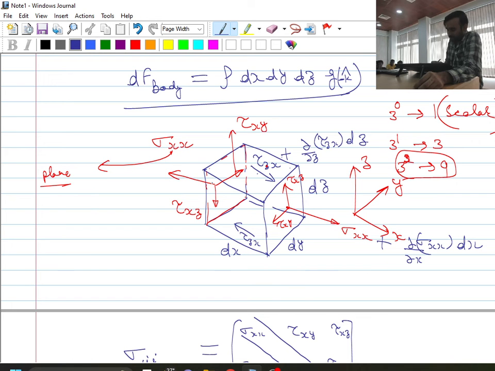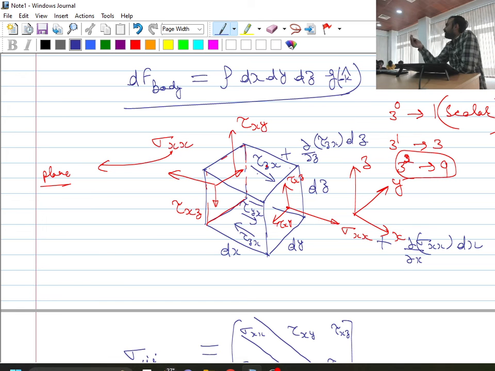Sorry, I am marking the y plane wrong. This is my y plane. So I can have some shear stress in the x direction. This will be my tau yx. Is the point clear?